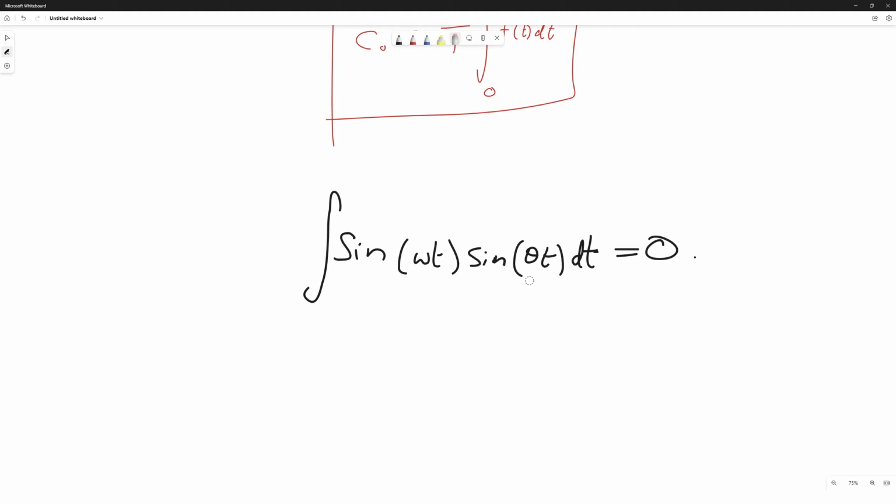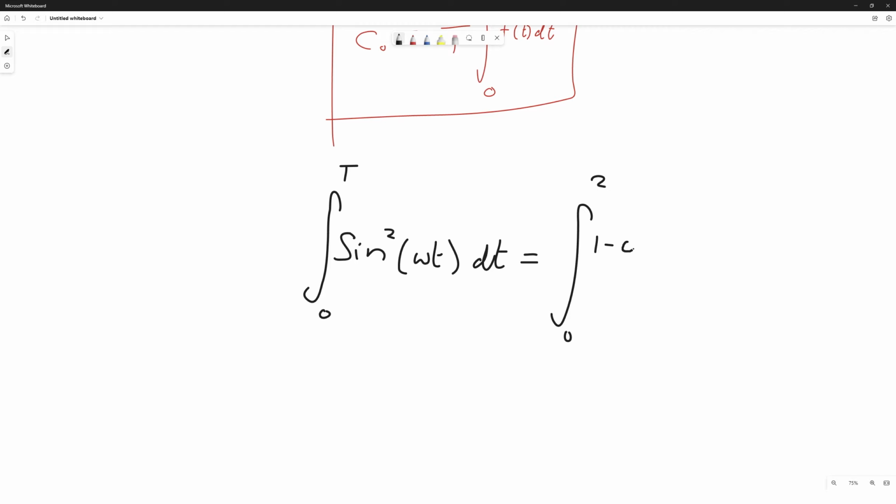All right. But if they are exactly equal, what we end up having is an integral of this sinusoid squared. So over a period, this can be rewritten by the trigonometric half-angle identity.